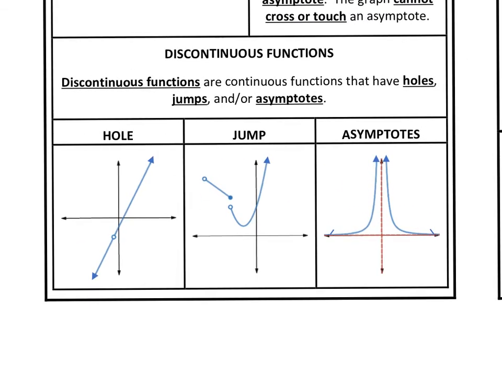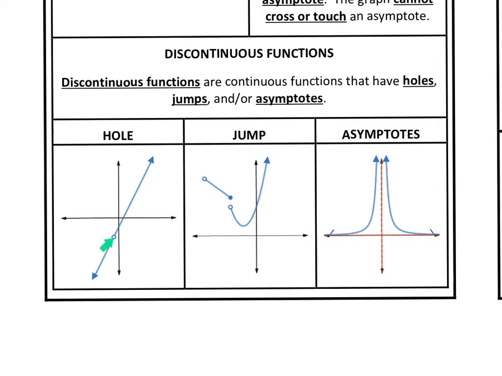So let's look at the 3 types. We said holes, jumps, and asymptotes. So let's look at this graph. Can I draw it without lifting my pen or my pencil? Yeah, and some of you might say, yeah, of course, right? I can draw this straight line without lifting my pencil or my pen. But if you look at it closely, there's a hole right here.